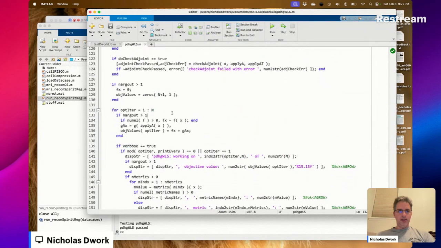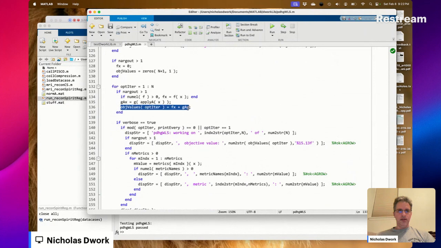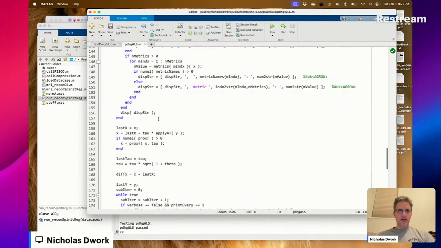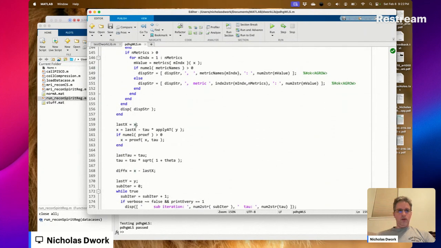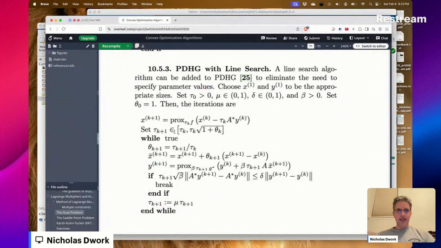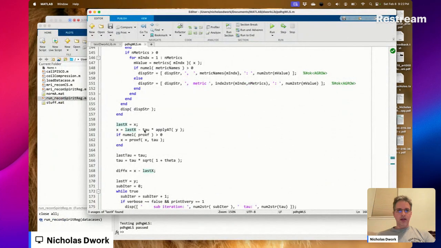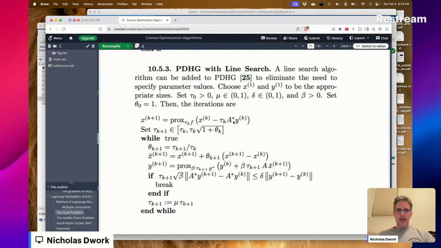Okay, here's where the iterations begin. This is just calculating the objective values. Here, x on the first iteration is just the initial guess. Then we take last x. Okay, so now we're just doing this part in the middle. Last x minus tau times A transpose y.